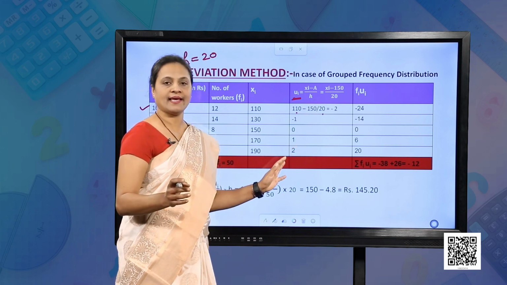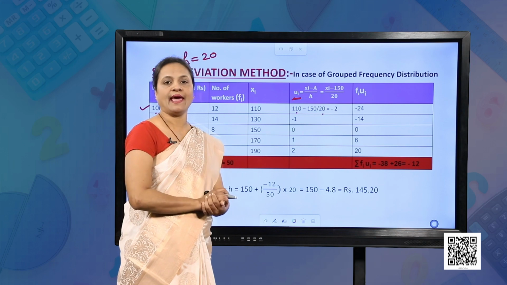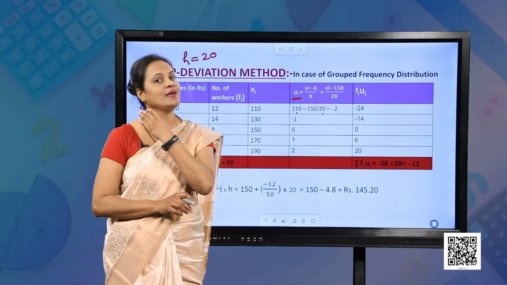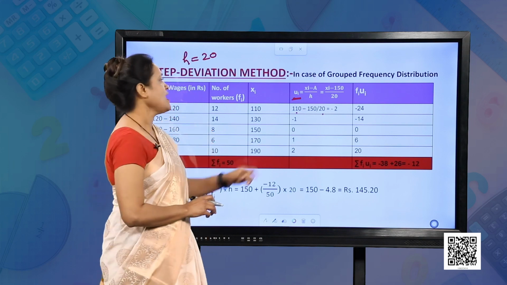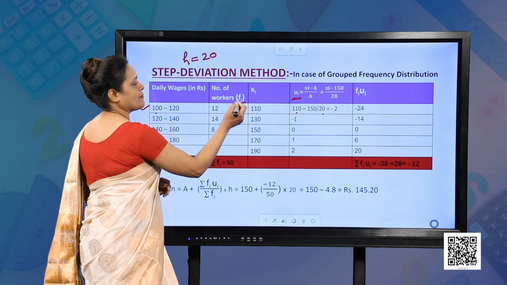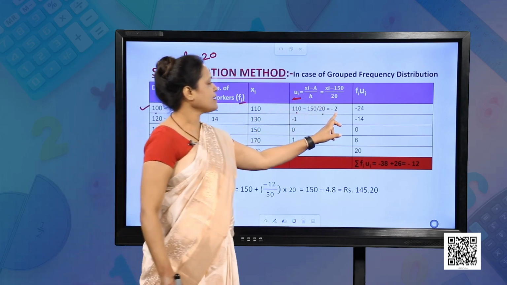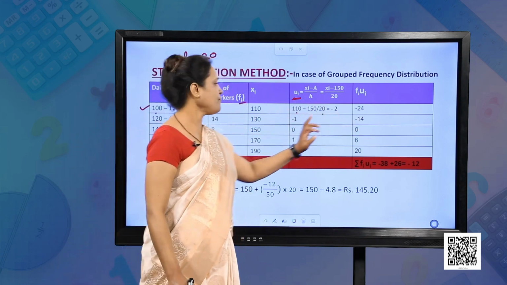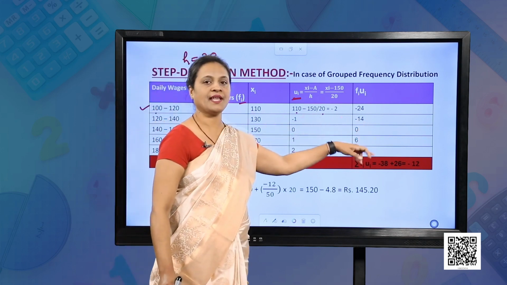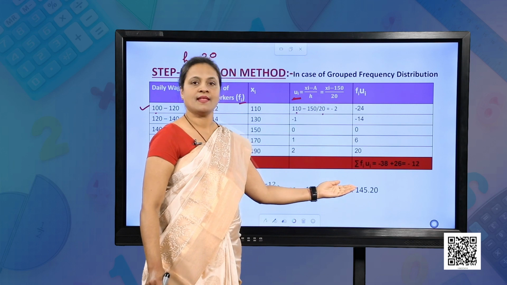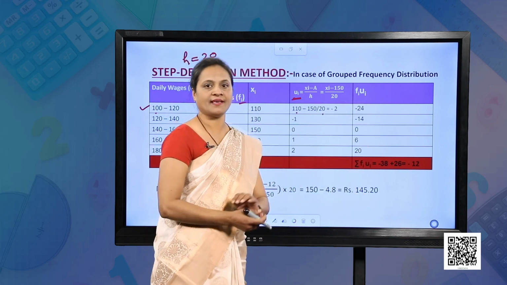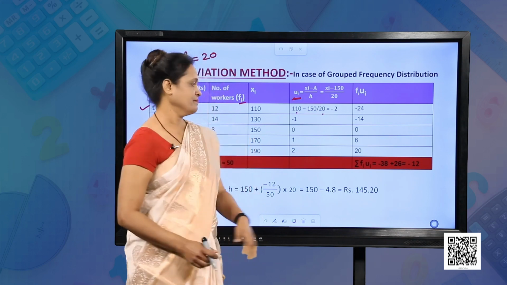As in all the cases, we calculated fi into xi, fi into di, now fi into ui. So, we are going to multiply ui and fi. So, 12 into minus 2 gives minus 24, minus 1 into 14 gives minus 14 and so on. The next step again is to add all the fi into ui's.